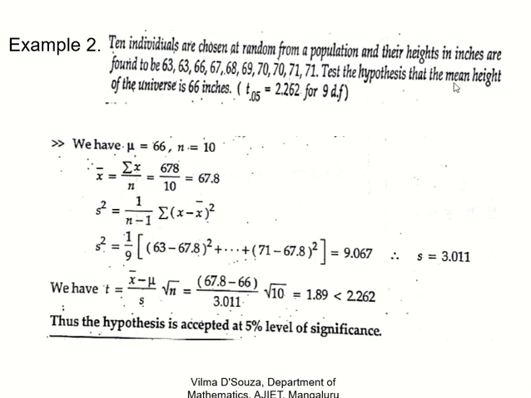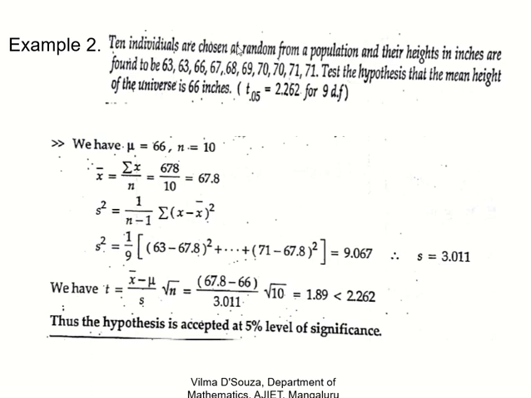Test the hypothesis that the mean height of the universe is 66. Given t of 0.05 is equal to 2.262 for 9 degrees of freedom.